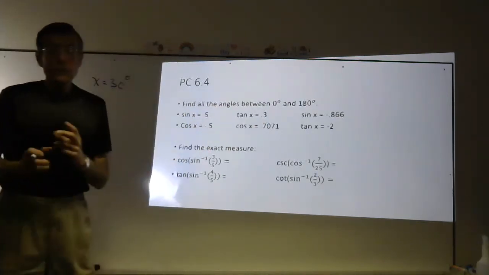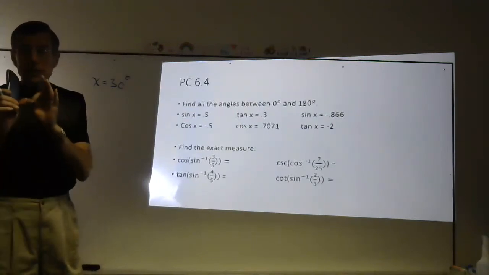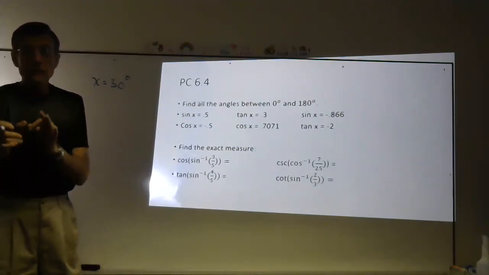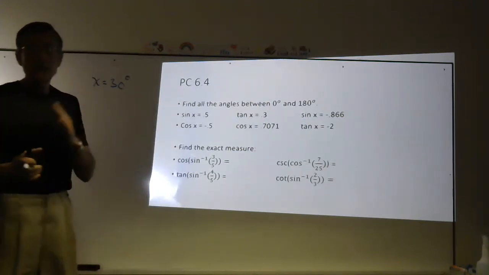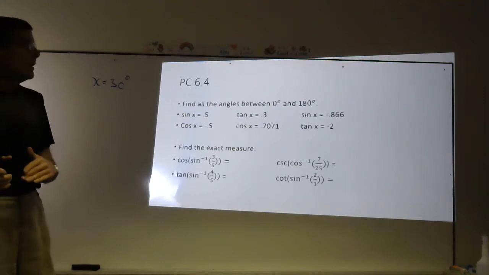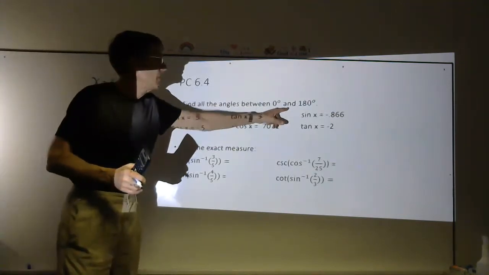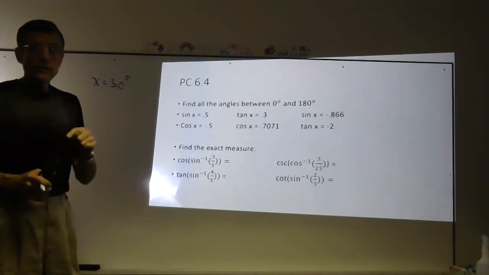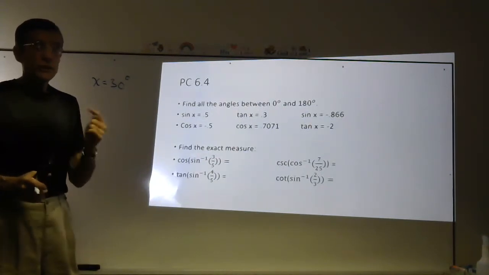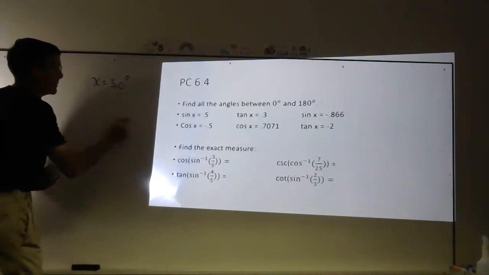It gave us 30 degrees because the restricted domain for sine is from -90 to 90, and 30 is in between -90 and 90. But here the directions say we want to get all the angles between 0 and 180. And isn't sine positive in the second quadrant? Yes.